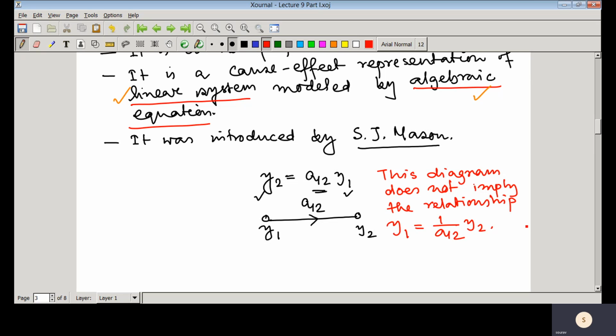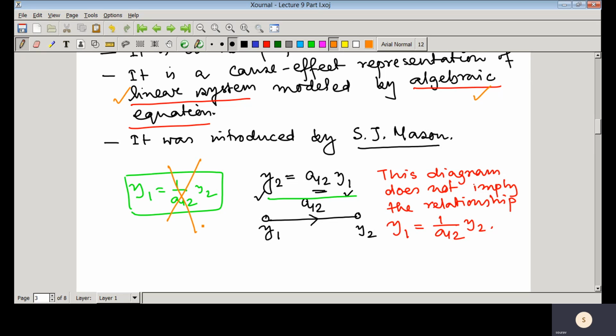This is the mistake we normally make in signal flow graphs. That means as we have the algebraic equation y2 equal to a12 into y1, we might say that y1 would be equal to y2 divided by that gain. But this particular representation is not valid in this case.